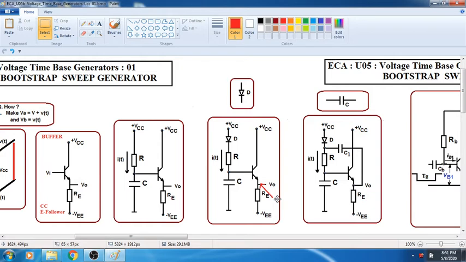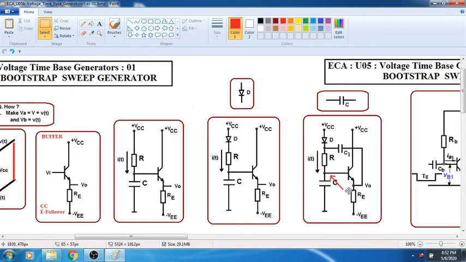So we will connect a very high value capacitor between the emitter and the diode and resistor junction, like this. The function of this high value capacitor is to charge to VCC, because you can see here, when you connect C1 like this, when the voltage across the capacitor is 0, this voltage is also almost equal to 0.